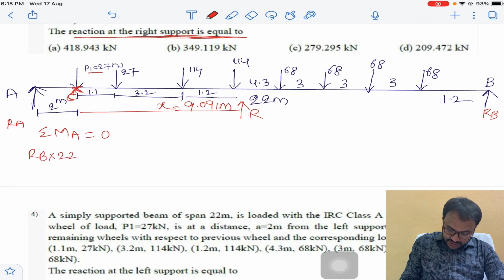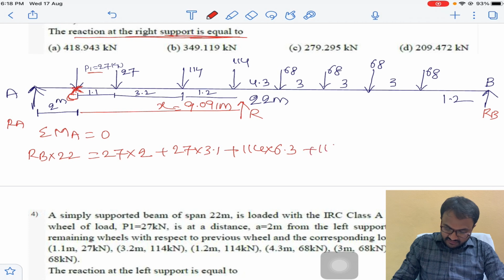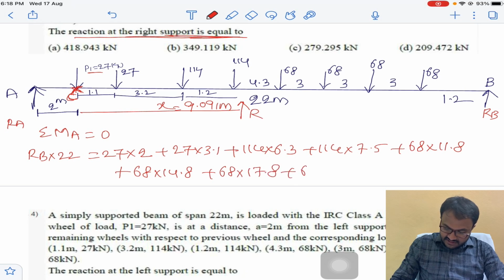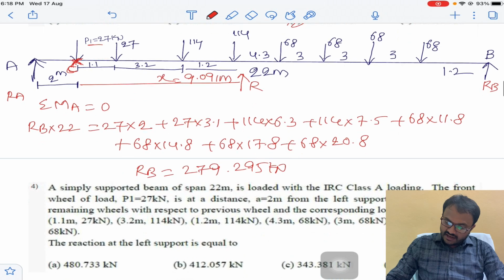So RB into span 22 is equal to 27 into 2 plus 27 into 3.1 plus 114 into 6.3 plus 114 into 7.5 plus 68 into 11.8 plus 68 into 14.8 plus 68 into 17.8 plus 68 into 20.8. You will get RB as 279.295 kilonewton. So that is answer C for question number 3.